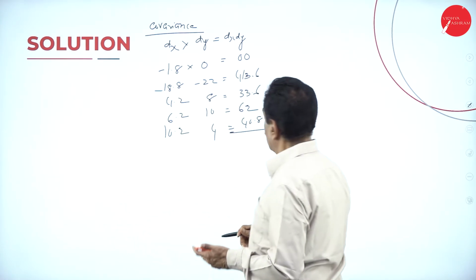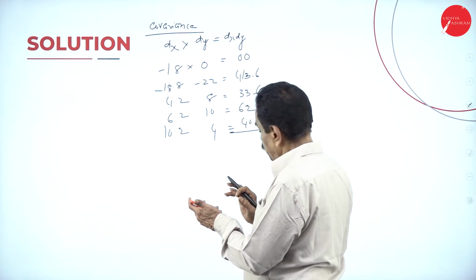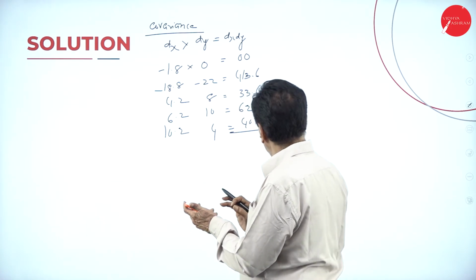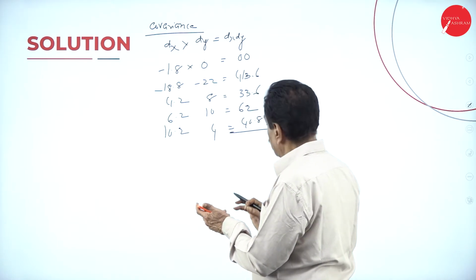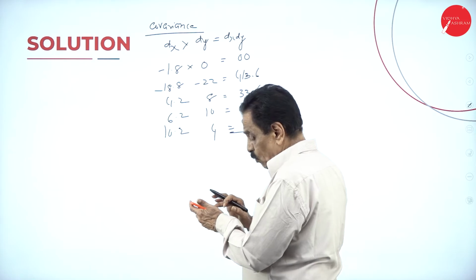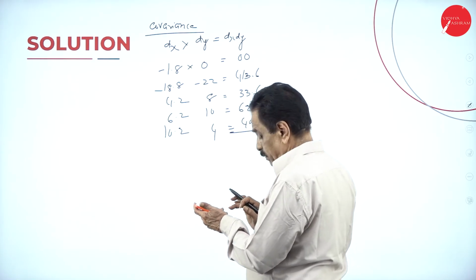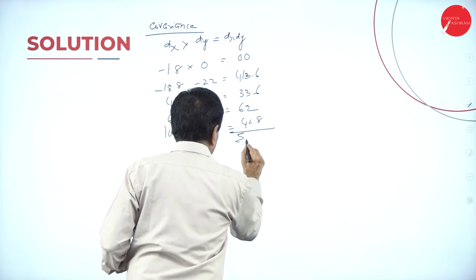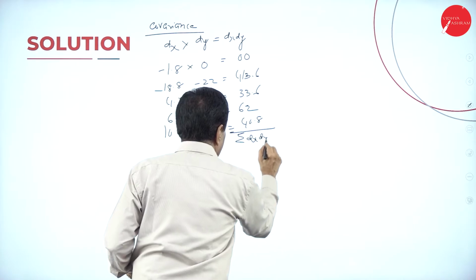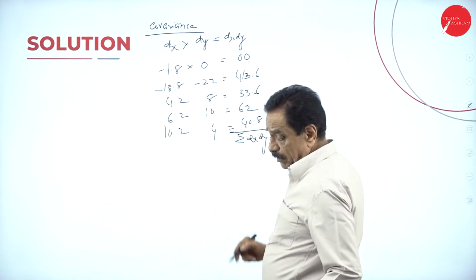Add the figures. 40.8 plus 62 plus 33.6 plus 413.6 is equal to 550. Sigma dx dy is 550.